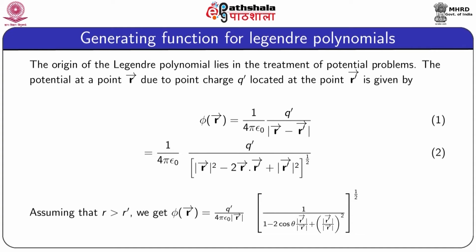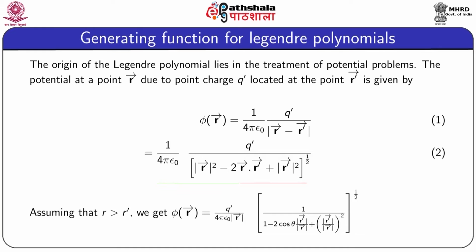Phi r is equal to 1 by 4 pi epsilon 0 q dash divided by mod of r minus r dash. We express the mod r in the form of square root of mod r square, and if you do that, please look into expression 2 in the denominator.